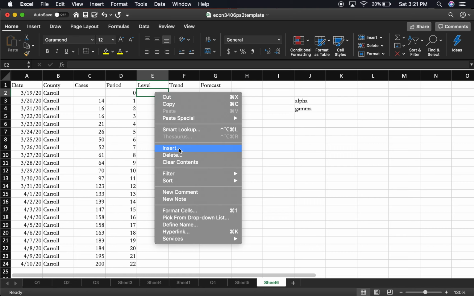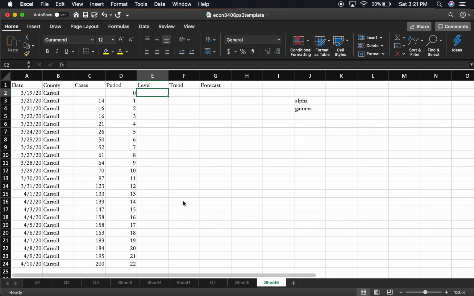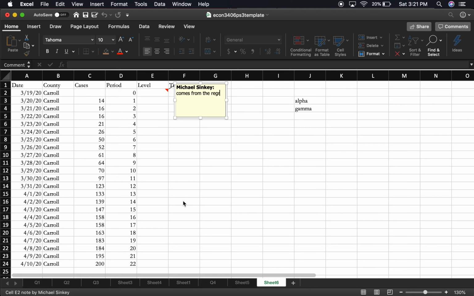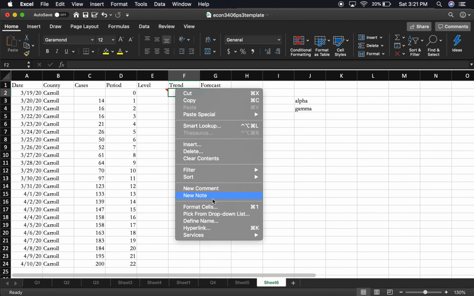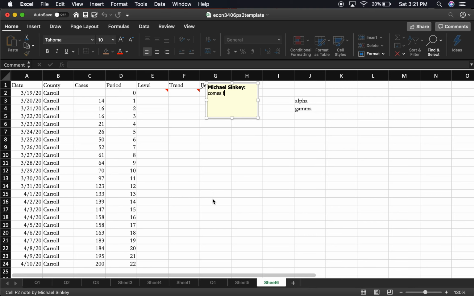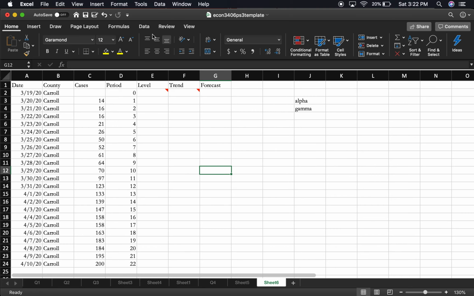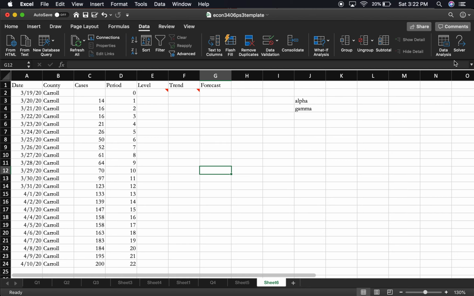So I'm going to insert a note here. This level comes from the regression. It's the intercept. And this comes from the regression. It's the slope.